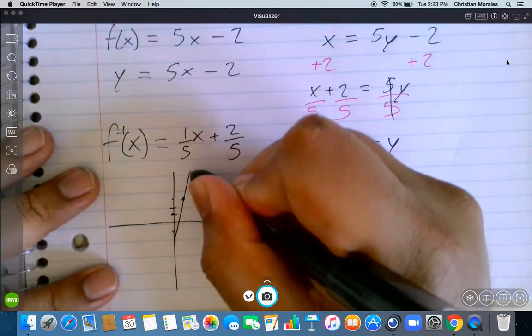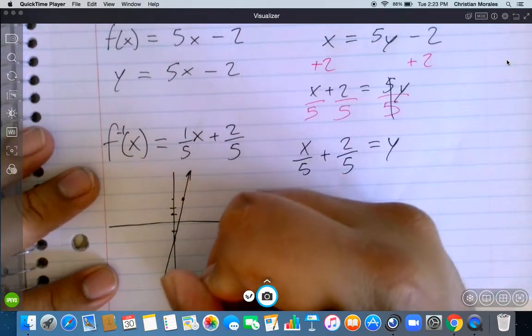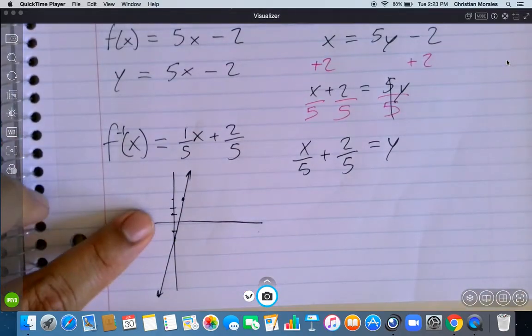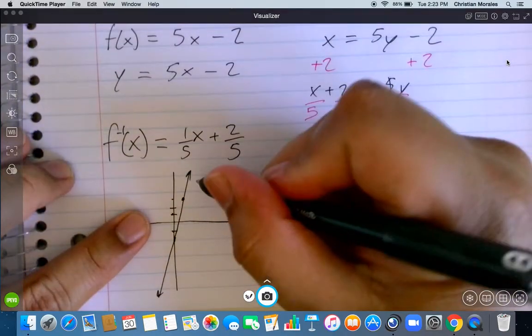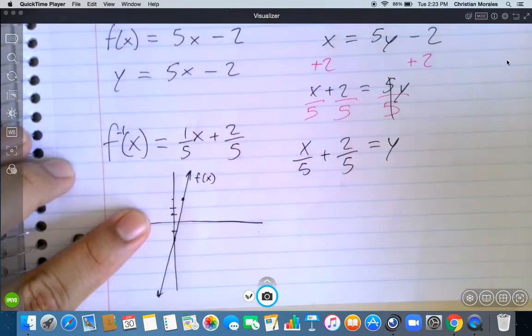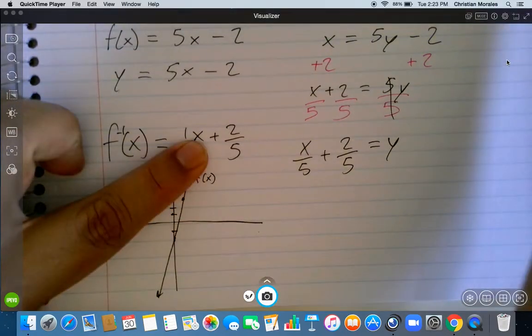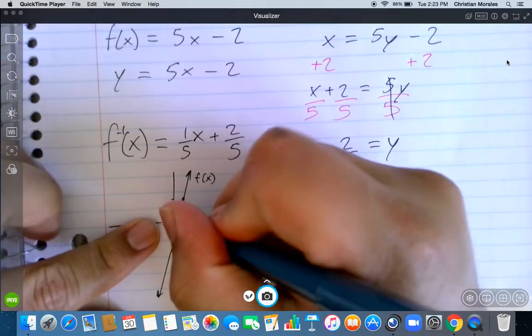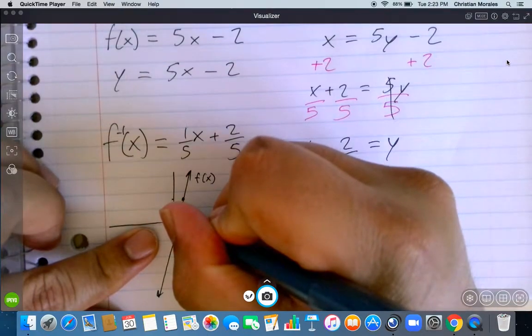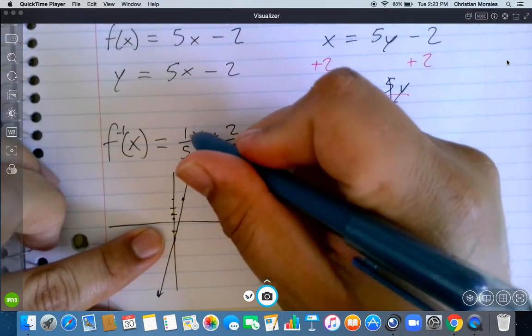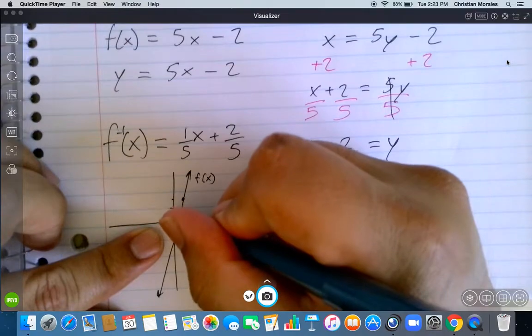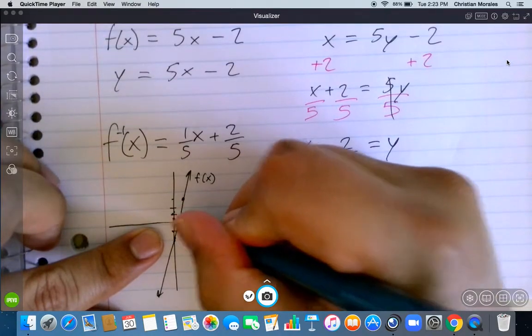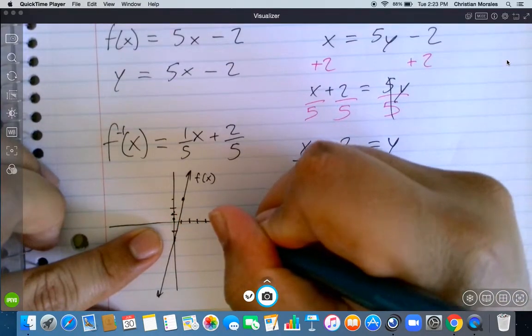Okay. There's the first function. This is f of x. Okay. Now this function, we'll do it in a different color, starts at 2/5, which would be somewhere around the half right here. Now the slope is 1/5, so it goes up 1 over 5. 1, 2, 3, 4, 5.